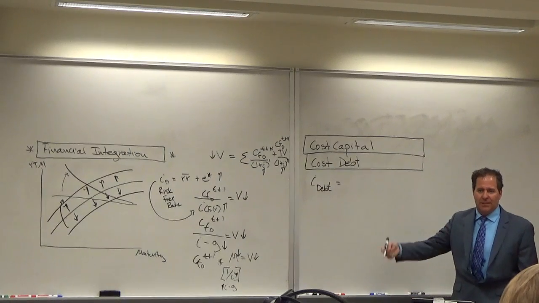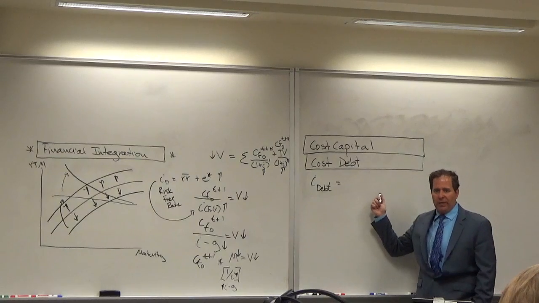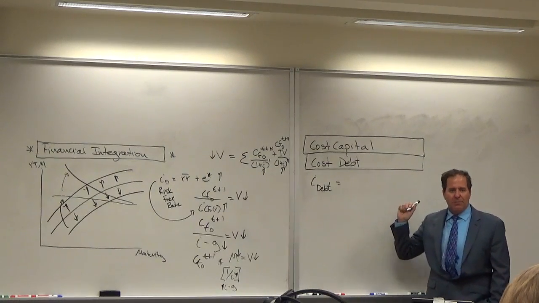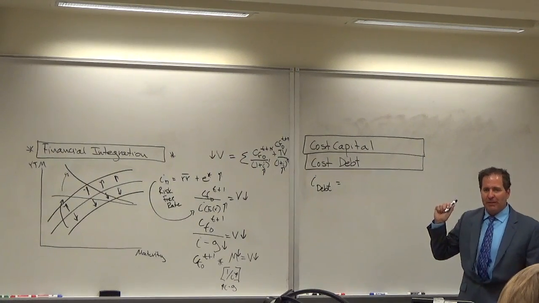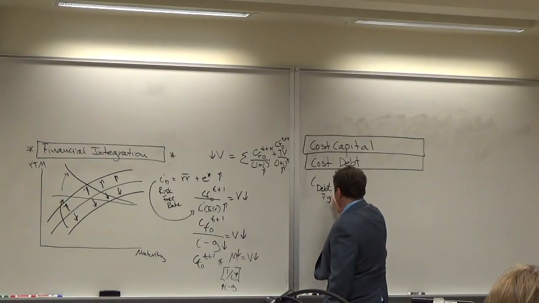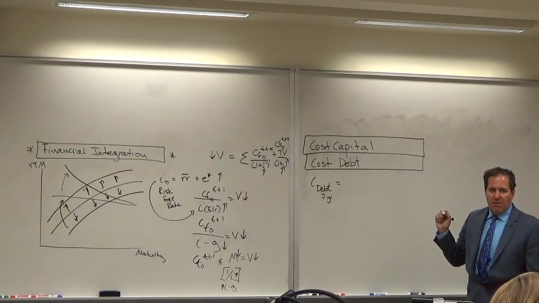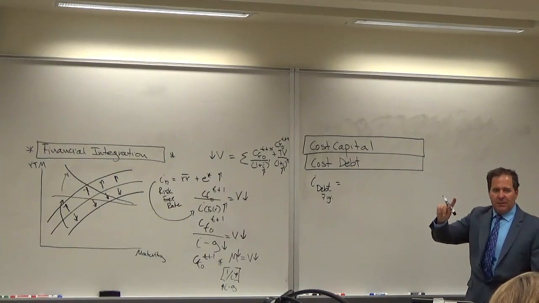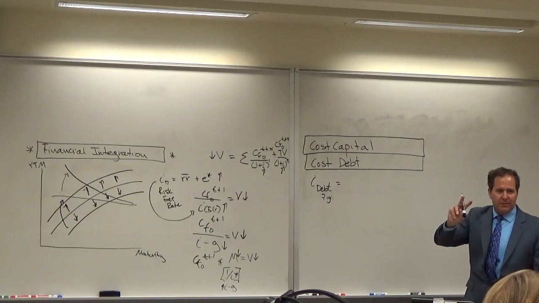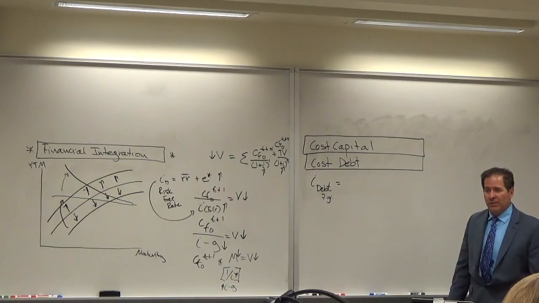What would be the equation to come up with it? And let's say we are going to issue 7-year bonds. Maturity is going to be 7 years. So what's the first variable in the equation to construct the cost of debt?